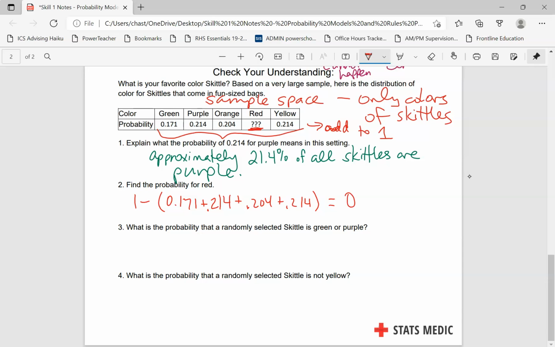And I get 0.197. So it looks like the probability of red is a little under 20%, so 0.197.